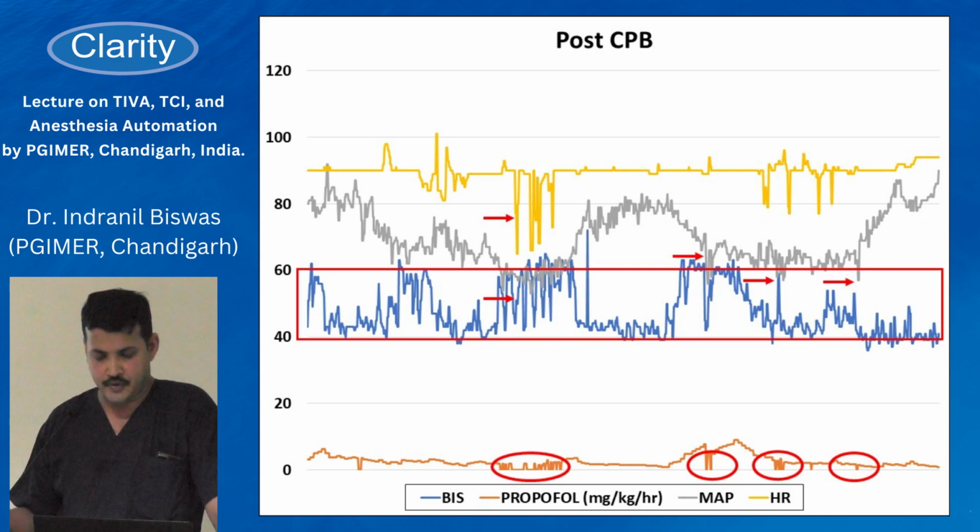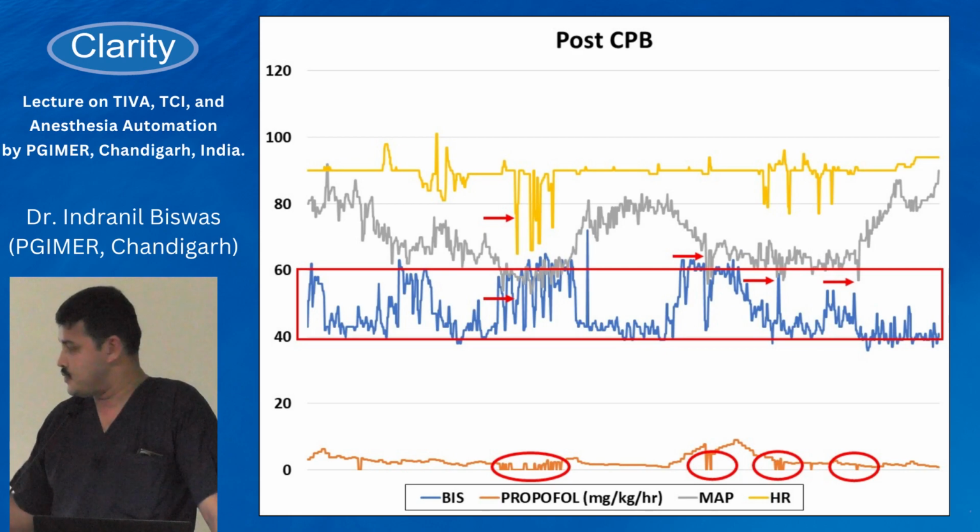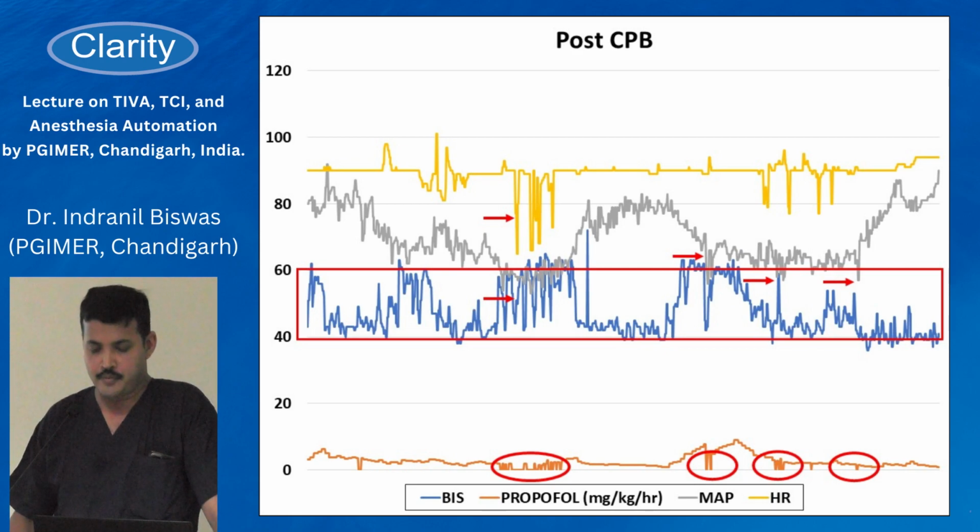You can see in the propofol infusion graph, whenever there was hemodynamic instability, the propofol infusion rate was cut off by the system promptly, and whenever the hemodynamics recovered, the drug infusion again started promptly, so that did not allow the BIS to go either very low or very high, and it was maintained within the target range, and none of the patients had intraoperative awareness or recall. So this shows the incidences of hemodynamic fluctuations and the response of the system.